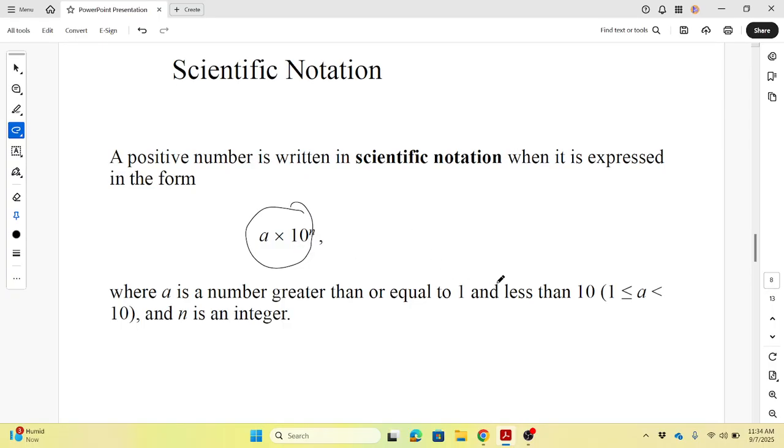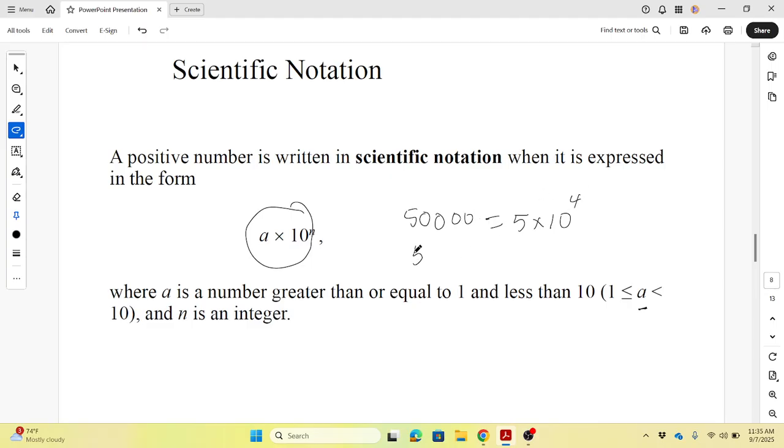Keep in mind, we try to express a as a number between 1 and less than 10. So let's say you have 5 followed by 4 zeros. As scientific notation, we just write a number less than 10, here in this case 5, times 10 to the power, how many zeros are there? 1, 2, 3, 4 zeros.